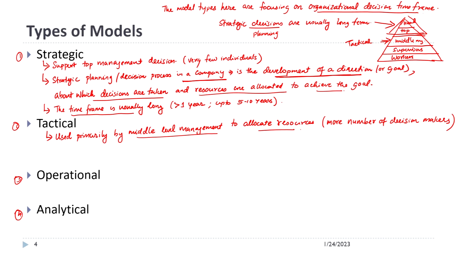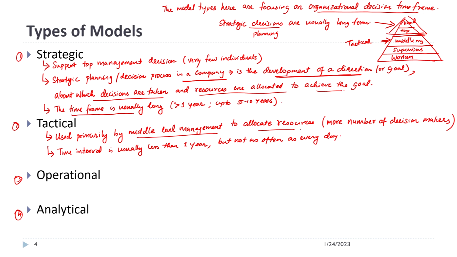Okay. And you can also understand that the time frame is usually less than 1 year, but not as often as every day.